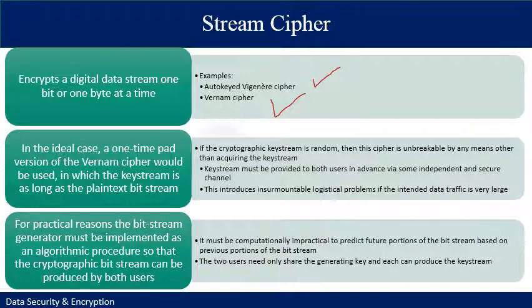We discussed in the last lecture that the key stream can be as long as the message itself. If the cryptographic key stream is random, then the cipher is unbreakable, as we discussed in the last lecture, that a cipher with a one-time pad can be unbreakable.